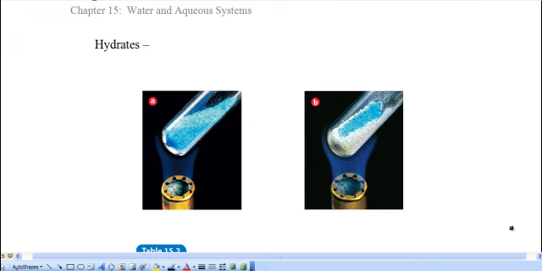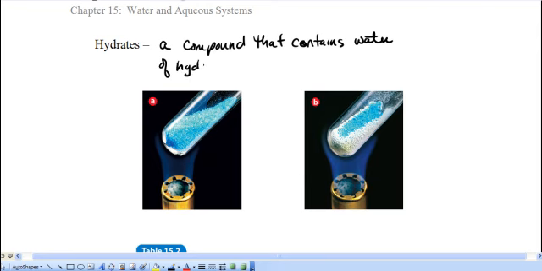And so a hydrate is simply a compound that contains water of hydration. And I'll just put in parentheses, trapped in the crystal.